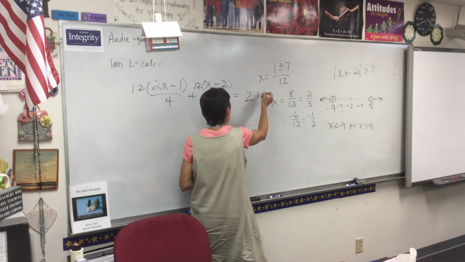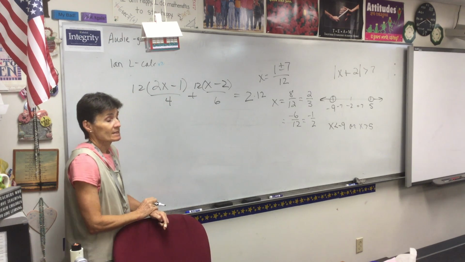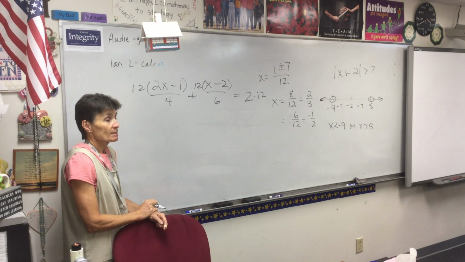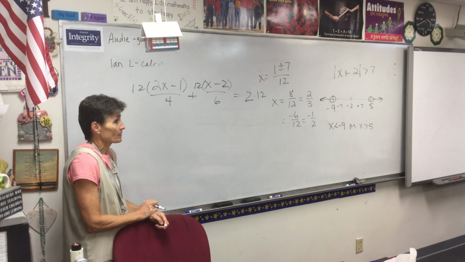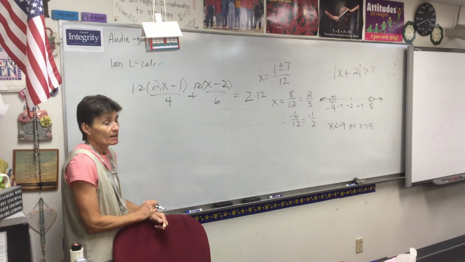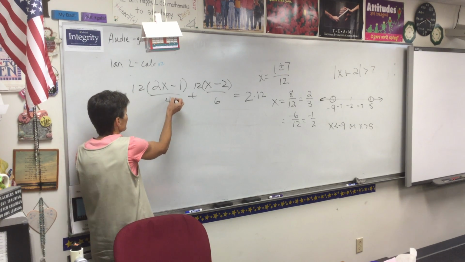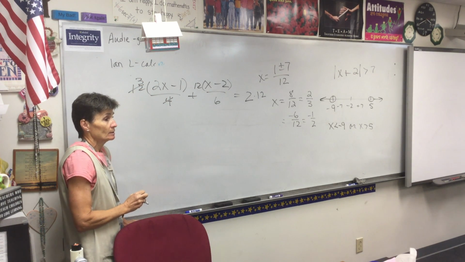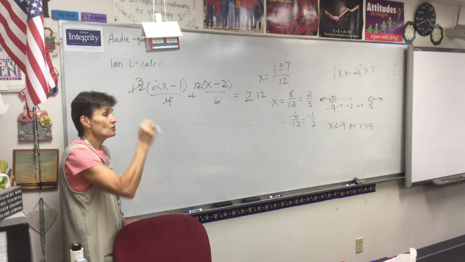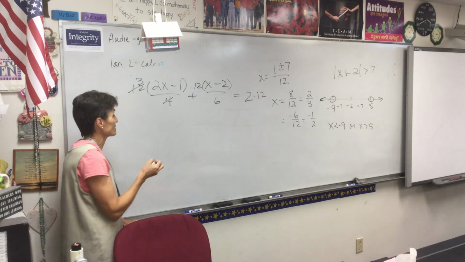Now, is 12 the only number she could multiply by? No. No, but it's the smallest one. Some of you might have thought, oh, I'm going to multiply by 24. That would be fine. That would be absolutely fine. The whole point is to multiply by something that will make these denominators cancel. The reason you're doing this is to make the denominators cancel, so cancel them.